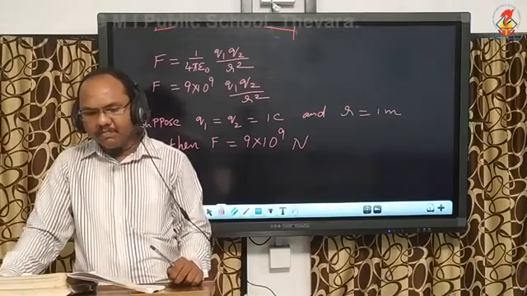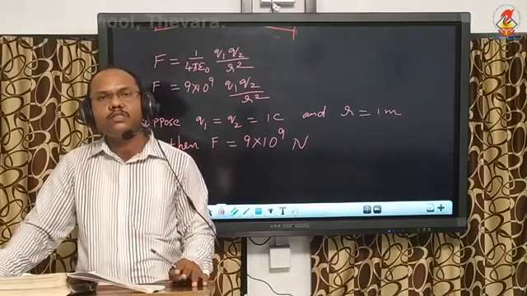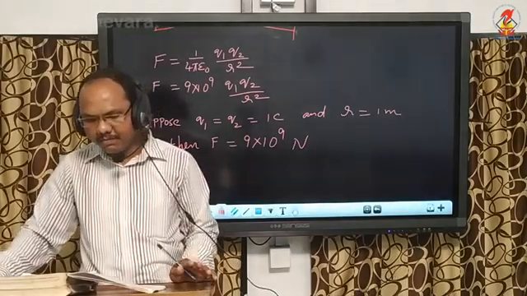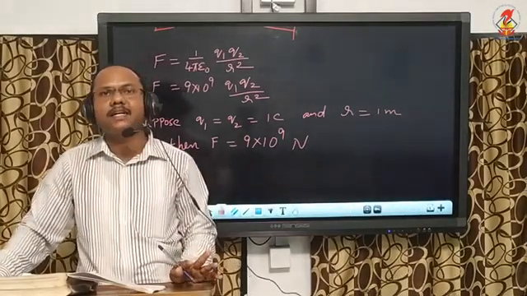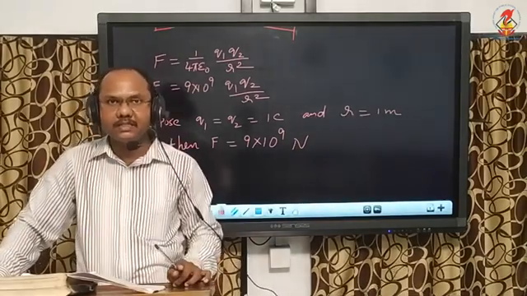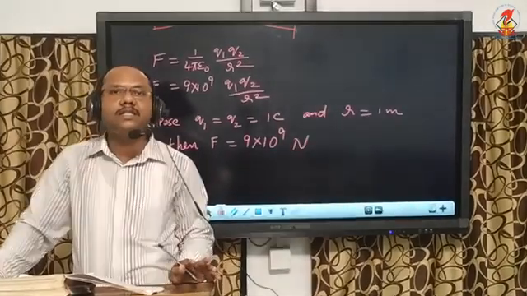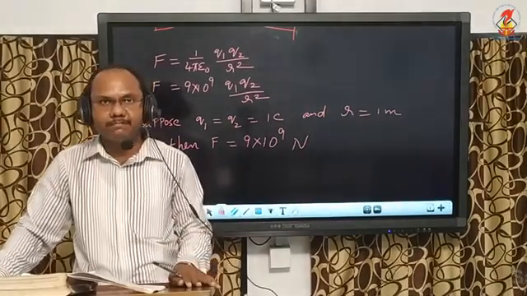Now let us study what are the limitations of Coulomb's law. Coulomb's law has two limitations. Number one, two electric charges should be at rest. That means the distance between two charges should not change. Number two, the two charges should be point charges.